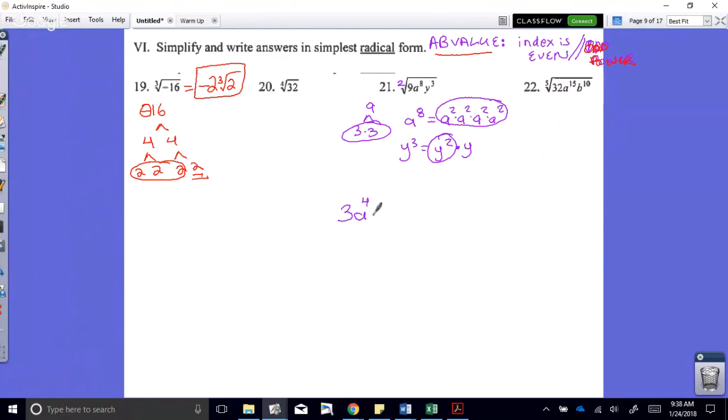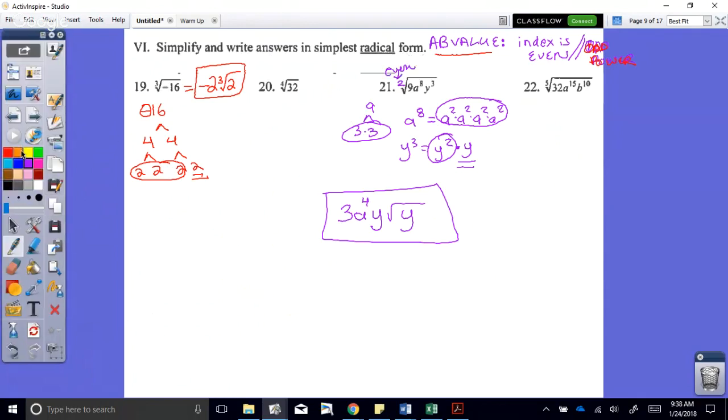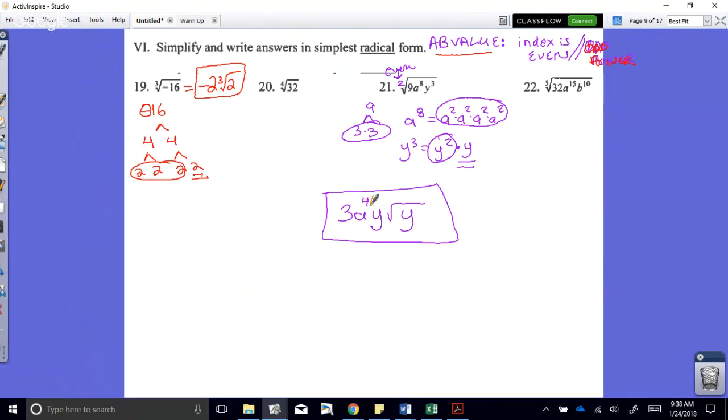So one of these y's comes out, and the other y is stuck on the inside. So I'm going to go ahead and circle this. Then look for any odd powers. Okay, if you notice y to the first is an odd power, put absolute values around the odd power.